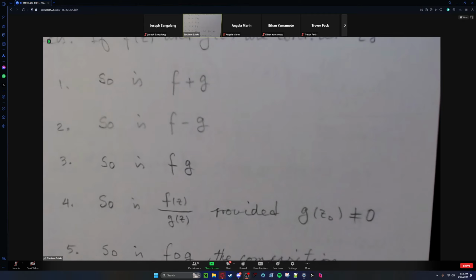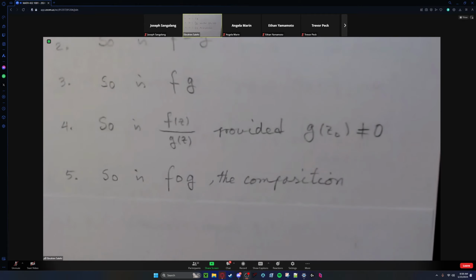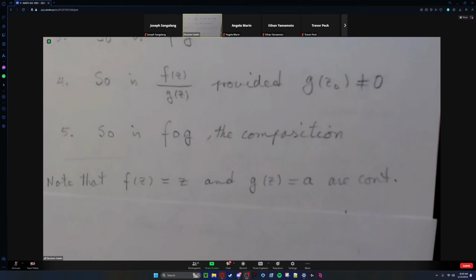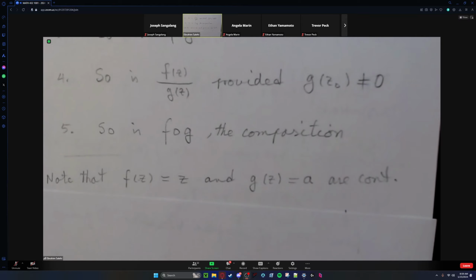What else? Oh, the composition. If you have two continuous functions and the composition makes sense, why not? The composition also will be continuous, all right? Well, the easiest continuous functions will be a constant or just the identity function, f of z equals z.